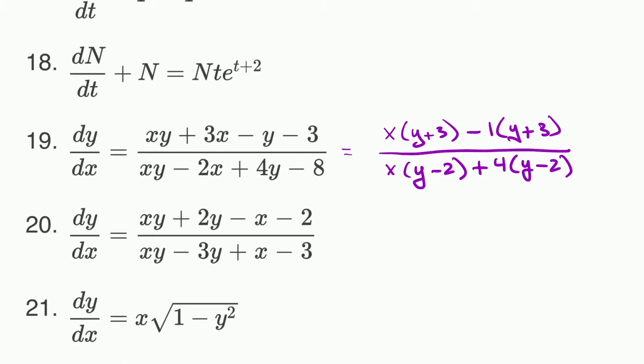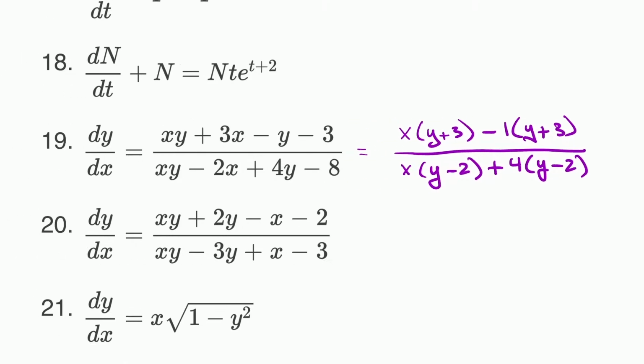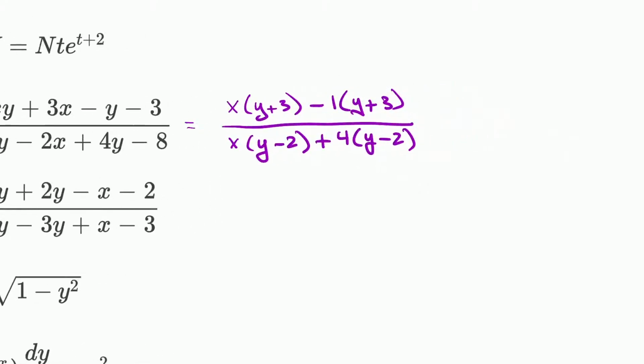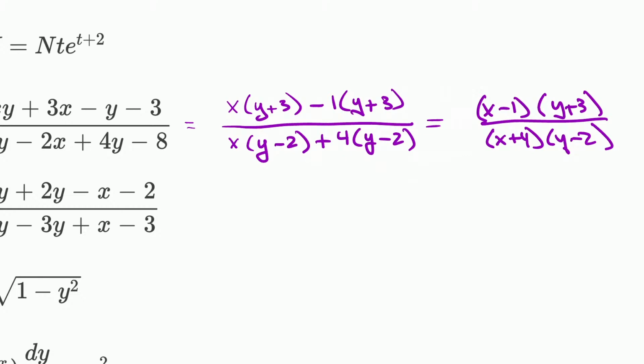So there's my factor by grouping. And then let me just do one more step, and then we will actually do the solving of the equation. So this is going to be (x minus 1)(y plus 3) over (x plus 4)(y minus 2). So that's not what was problematic. It was the actual solving.